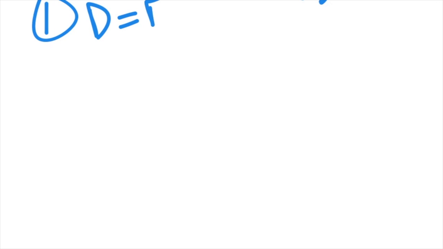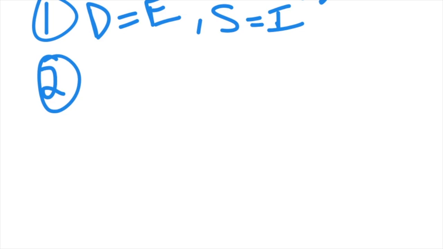Here's what I want you to practice. Try graphing the tax wedge for all of these things. Have the demand be elastic and the supply be inelastic, and show who bears the burden. Then I want you to get a little tricky.